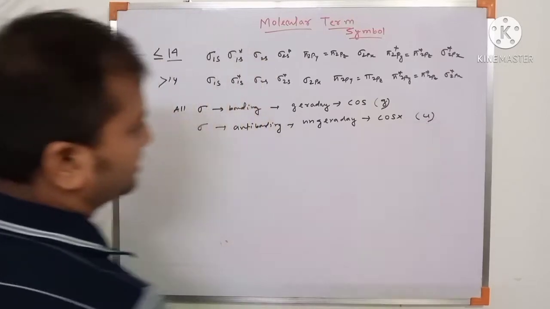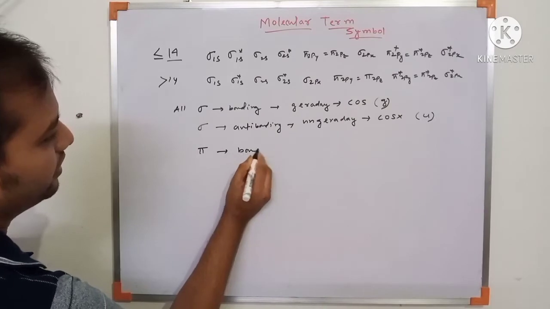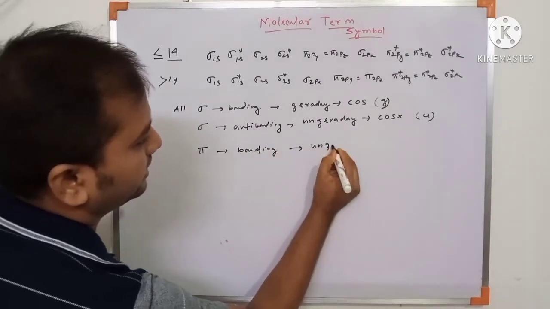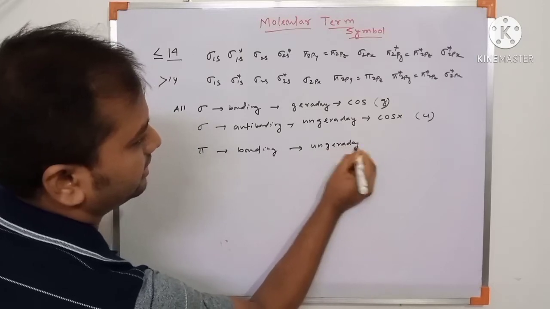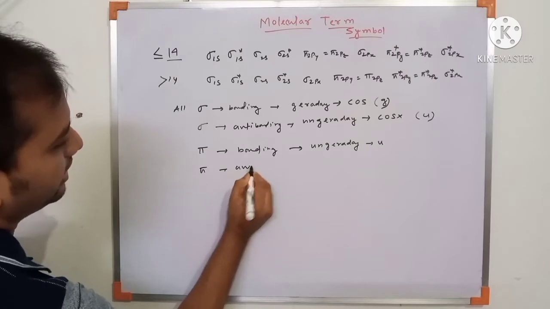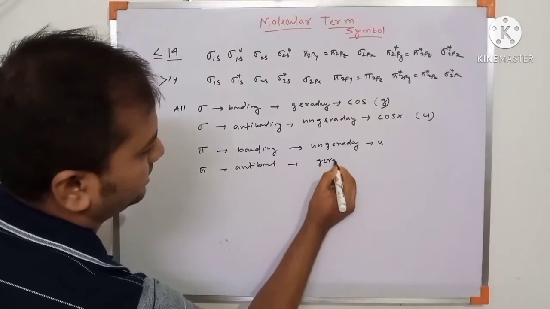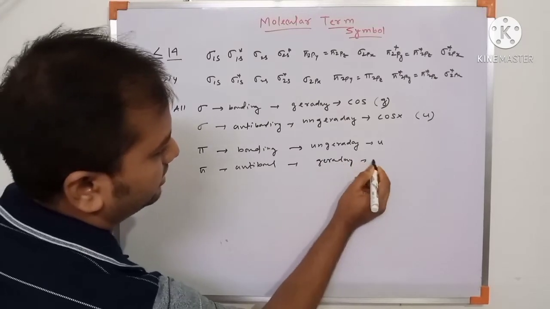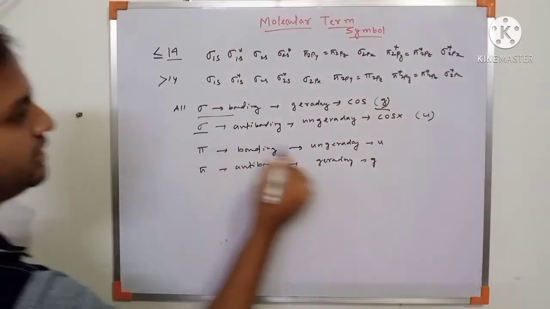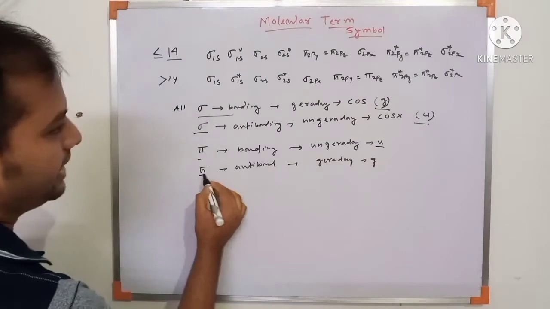This is subscript u. And reverse, all pi bonding are ungerade, that is u, and all pi anti-bonding are gerade. This is g. So sigma bonding are g and sigma anti-bonding are u, and reverse, pi bonding u, pi anti-bonding g.